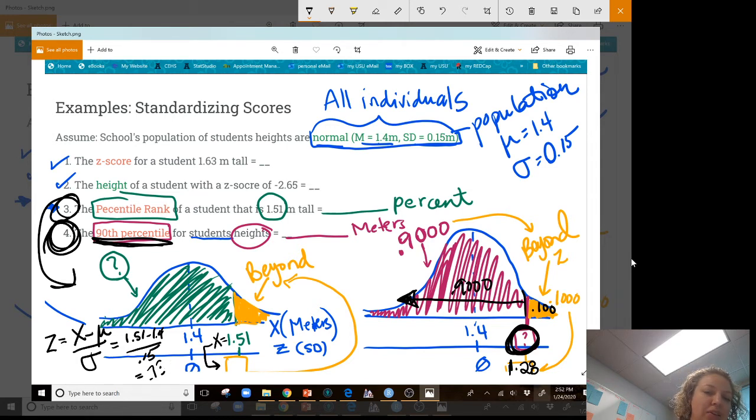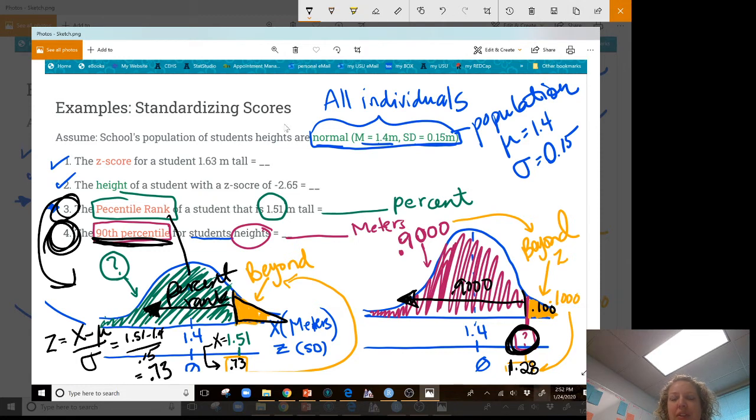Now, I could go to more decimals, but in our table we only use z values to 2 decimal places. So we know our z value is 0.73. Now we want to find the percentile rank, to the left. But we can look up the beyond z and subtract from 1.